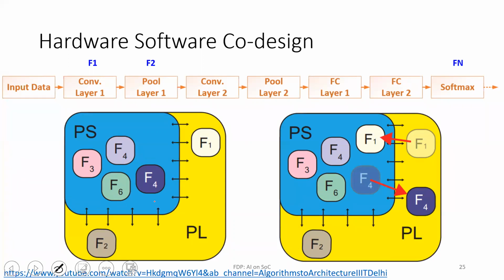Many people know this. Whenever you want to design something on hardware like an FPGA, you need to write code in an HDL language, Verilog or VHDL, or at a high level you can use C++ with an HLS tool, a high level synthesis tool, which converts your C++ code into Verilog code.